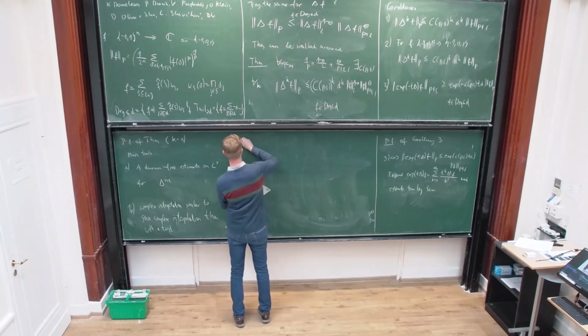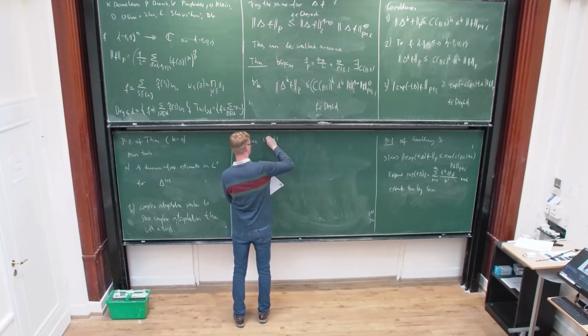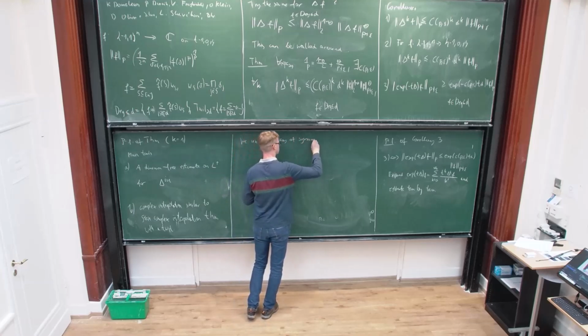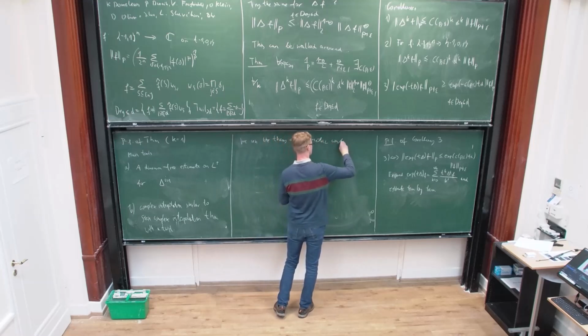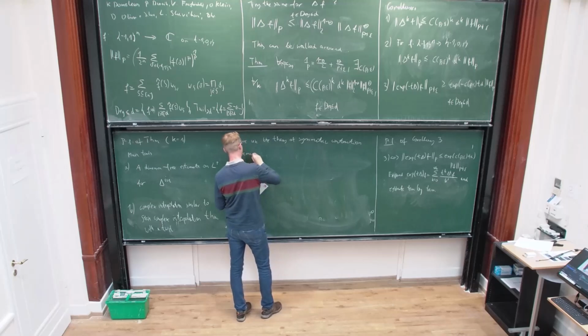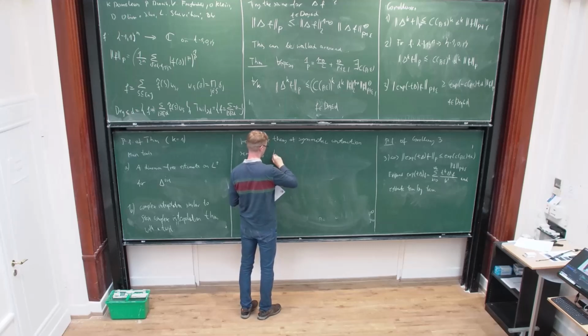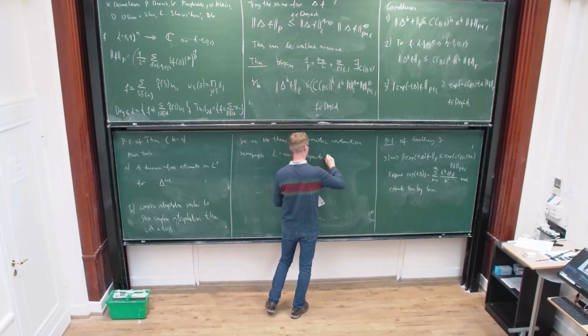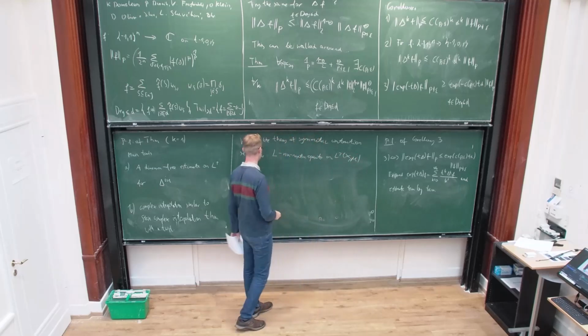Theory of symmetric contraction semigroups. Okay. And the assumptions are that we have an operator L which is a non-negative operator on some L2 of X, mu, it doesn't matter what the space is, as long as it's sigma finite.